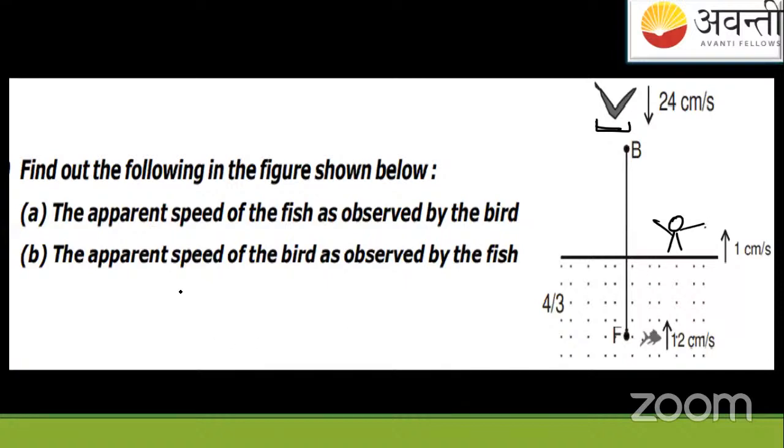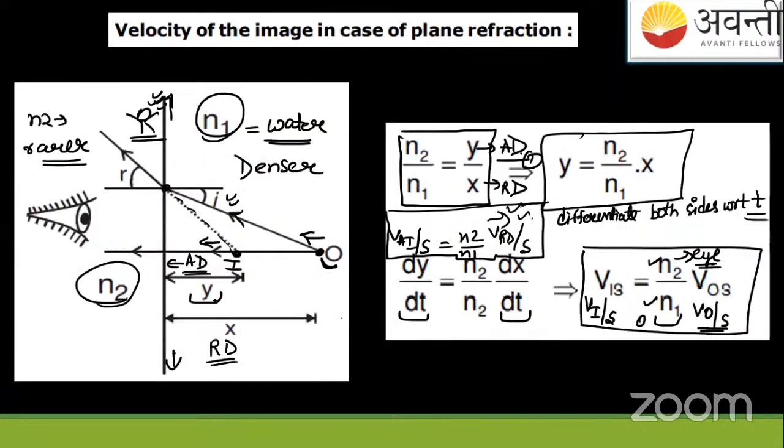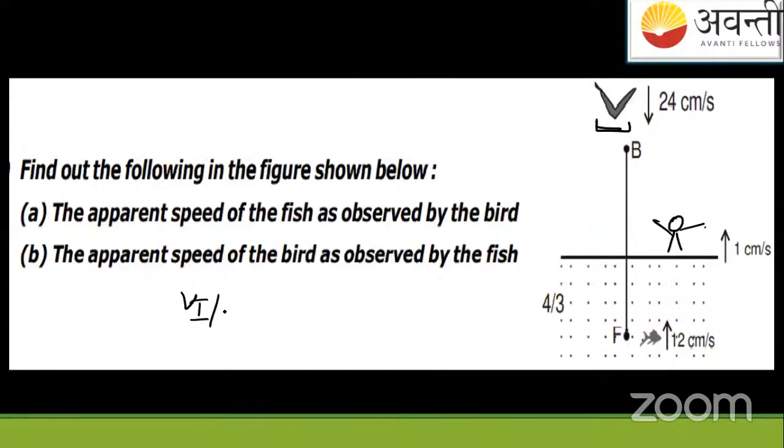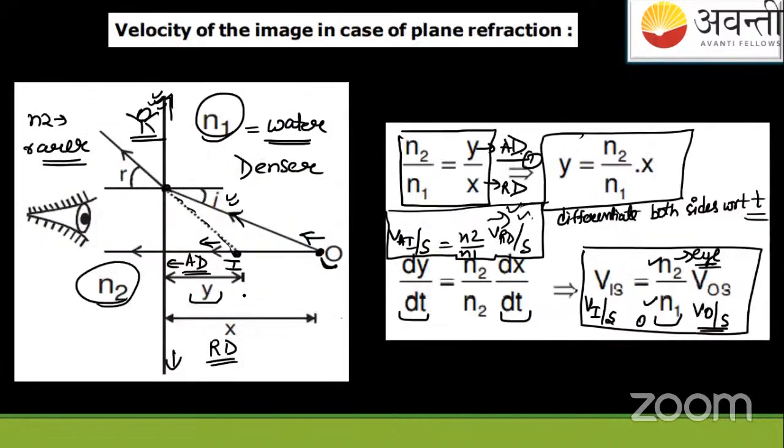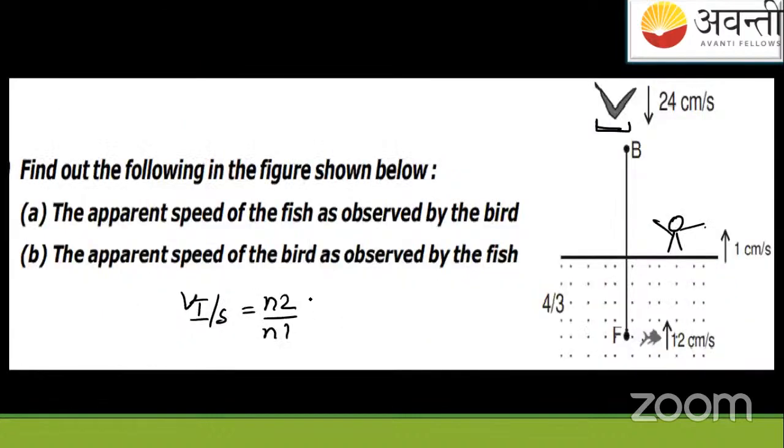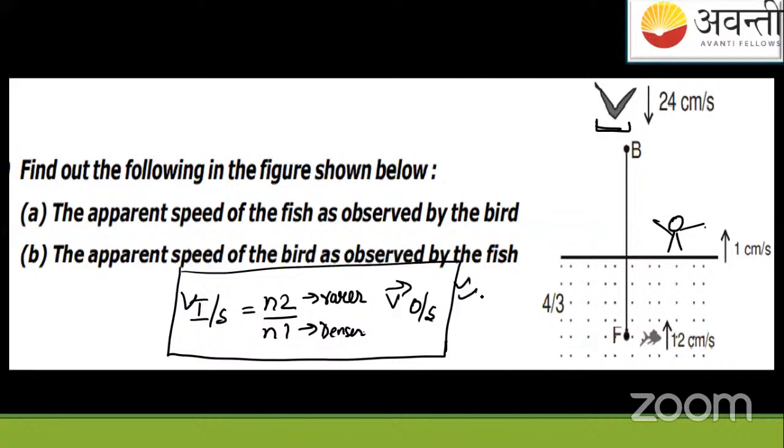We know the formula: velocity of image with respect to surface equals n2 upon n1 times velocity of object, the fish, with respect to surface. Here n2 is for the rarer medium, the bird's side, and n1 is for the denser medium. Got it, students? Yes or no? Okay.